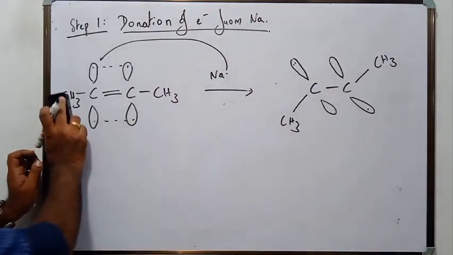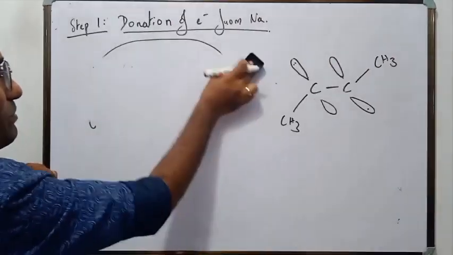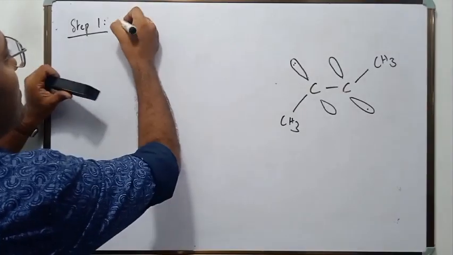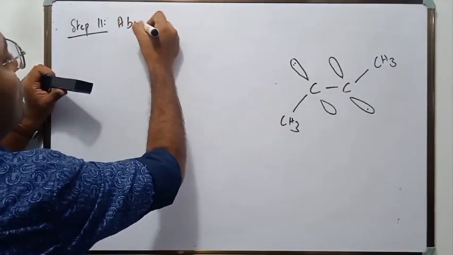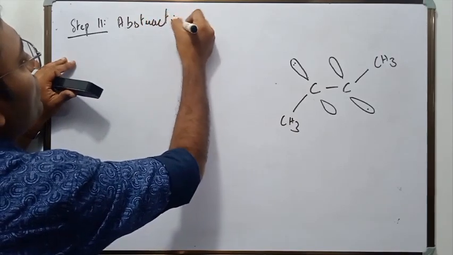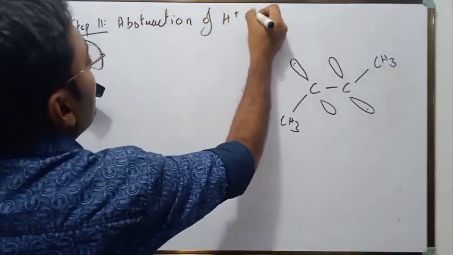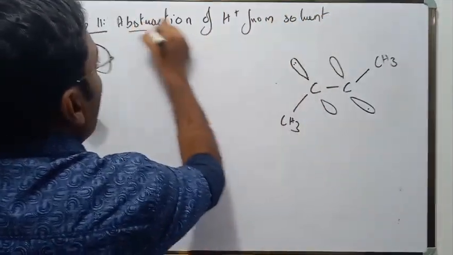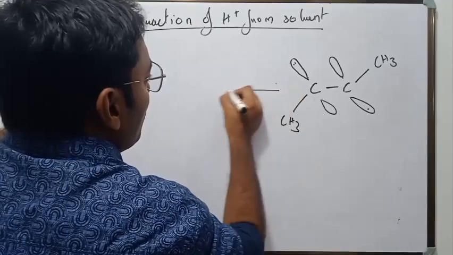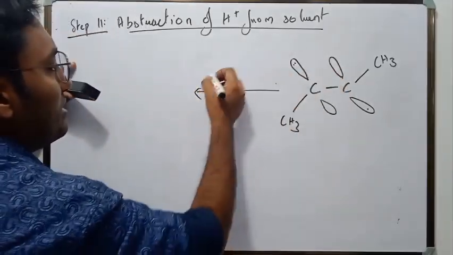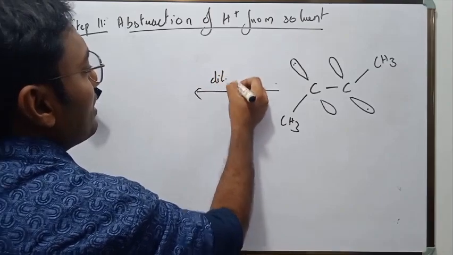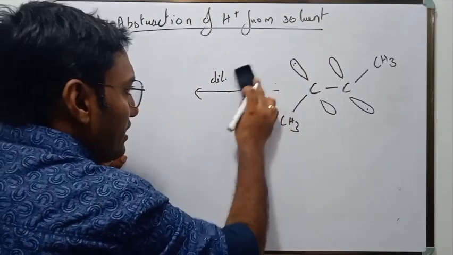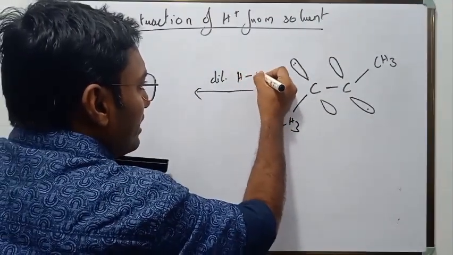Step number 2: abstraction of proton from solvent. What is the solvent that we are using? Ammonia, correct? So ammonia, I will write it like this, H-NH2.